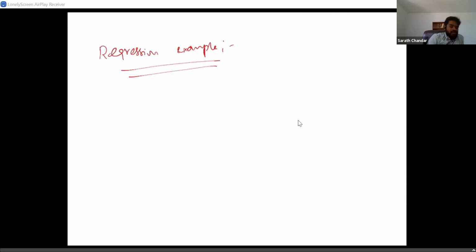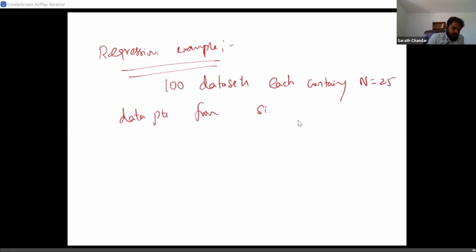In this case, I'm going to create 100 different data sets, each containing n equal to 25 data points from the sine of 2 pi x curve. So L, the total number of data sets, is equal to 100 and N is equal to 25.